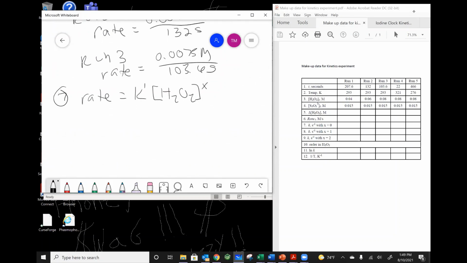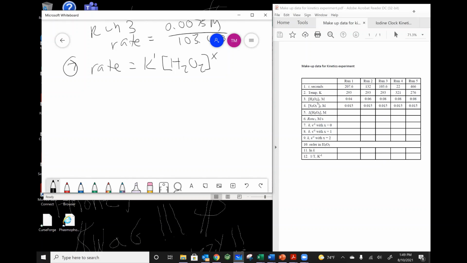So for run 1, we have 3.6 times 10 to the minus 5 equals K prime times the H2O2 concentration.